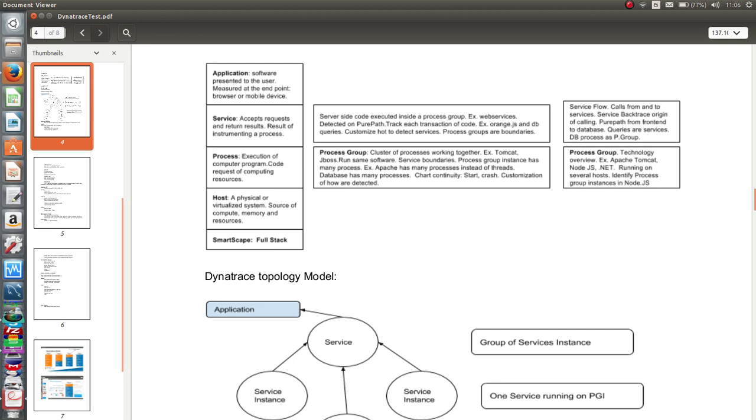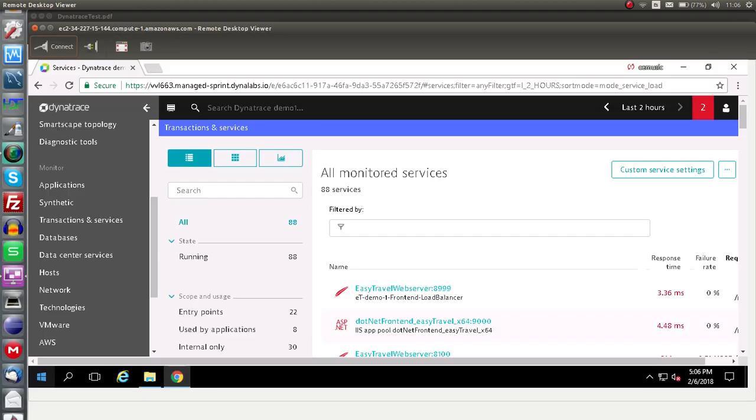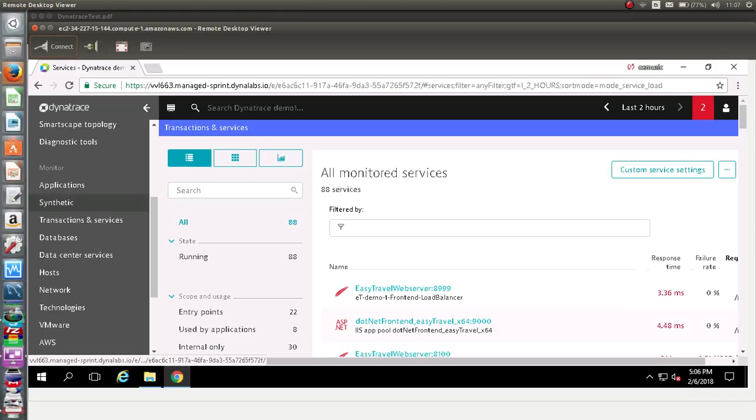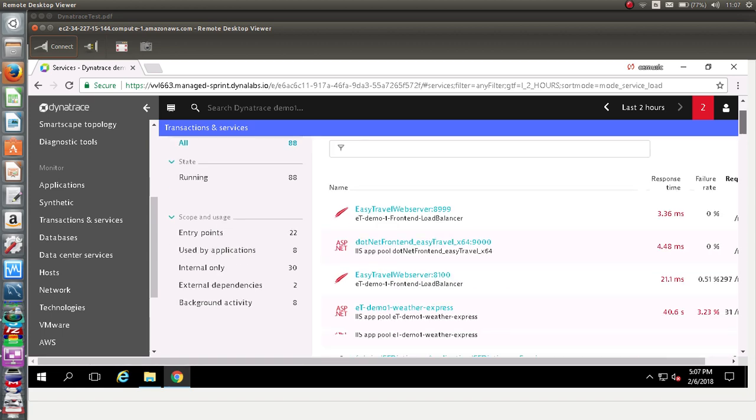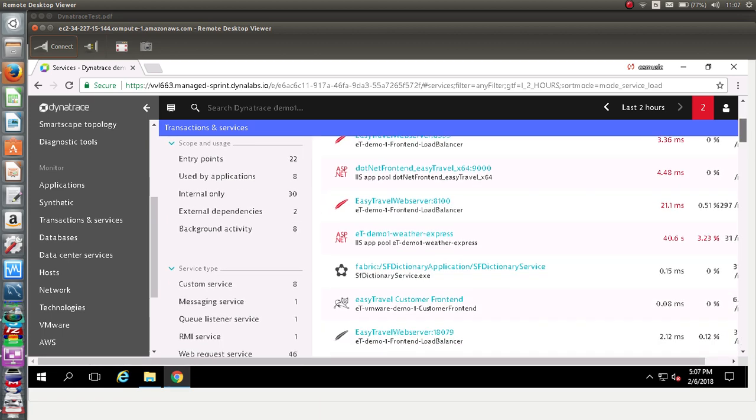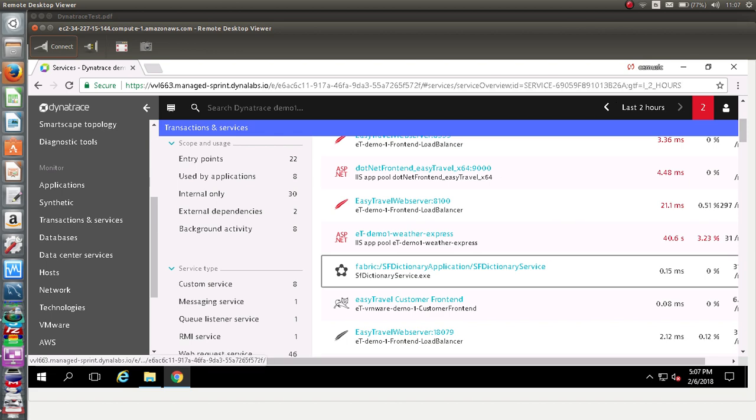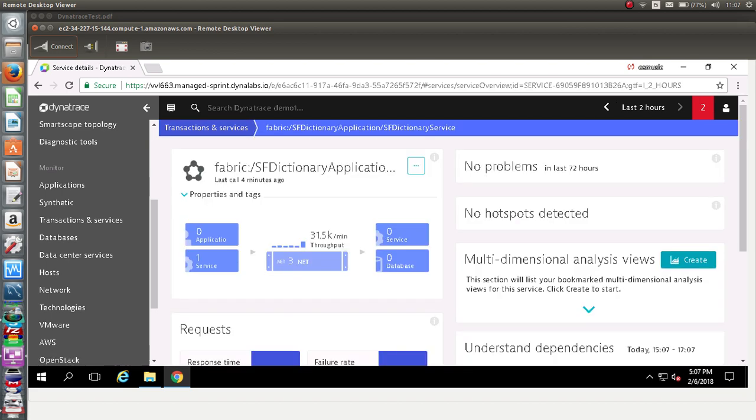Okay, so we are going to explore here the services. These are all the monitored services that we are working with. We are going to choose the SF dictionary service.